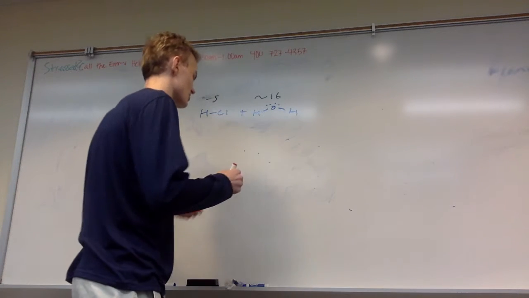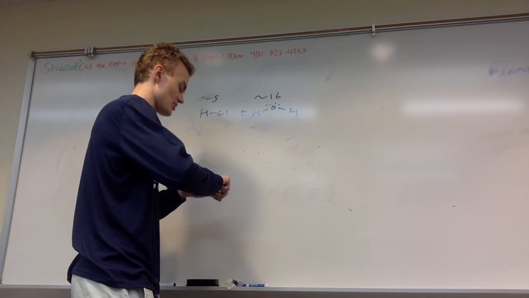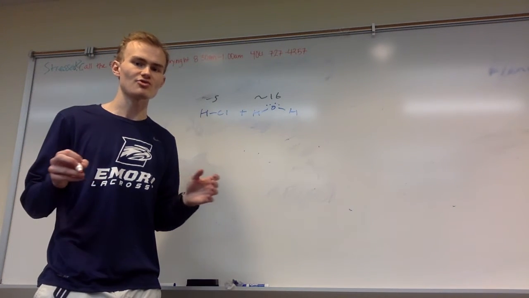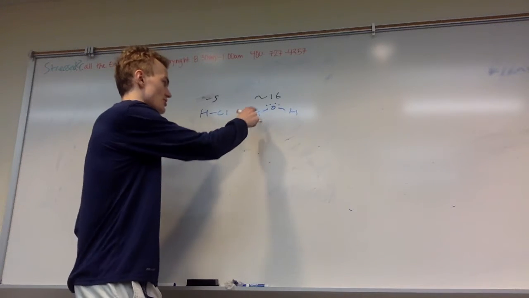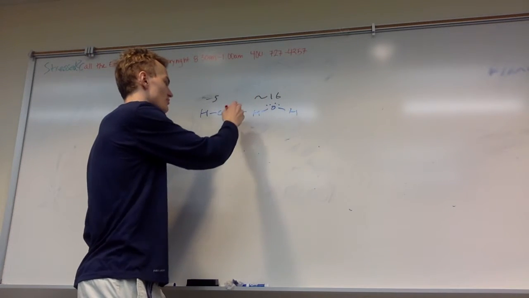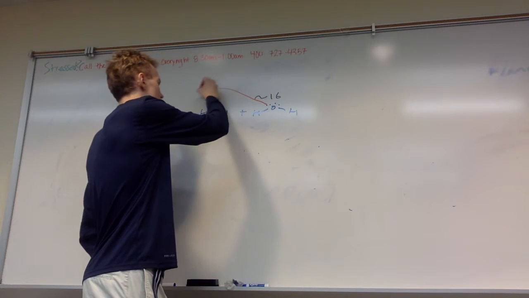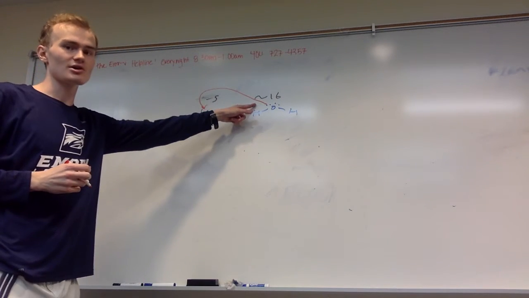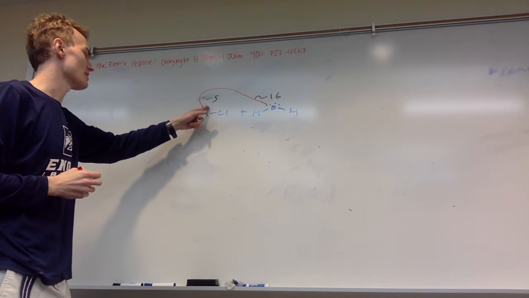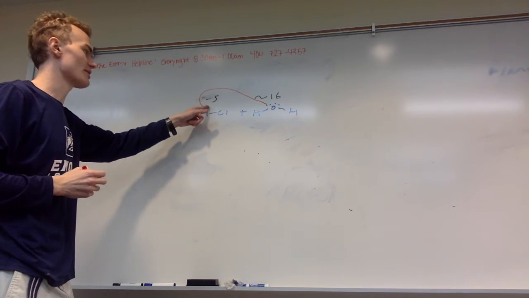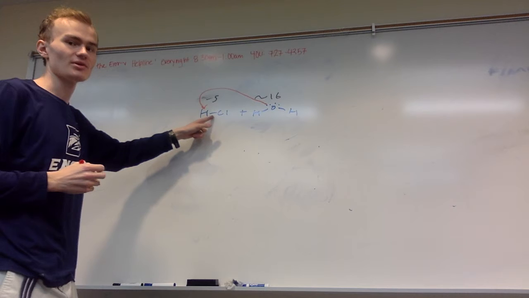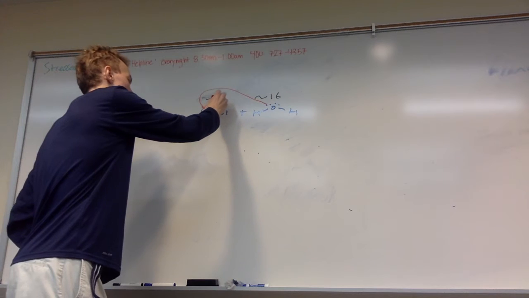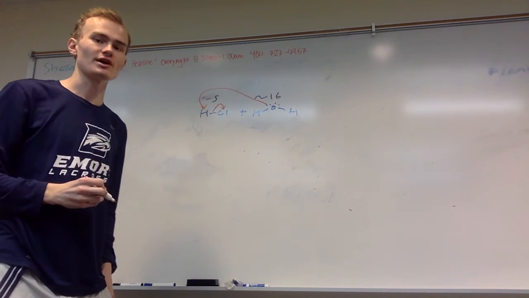So with these things, you always draw from the electron source to the electron sink. The source of the electrons is going to be the lone pair, so I'm going to draw the lone pair going to here. Then I'm going to draw this bond being broken, such that it'll look like this.